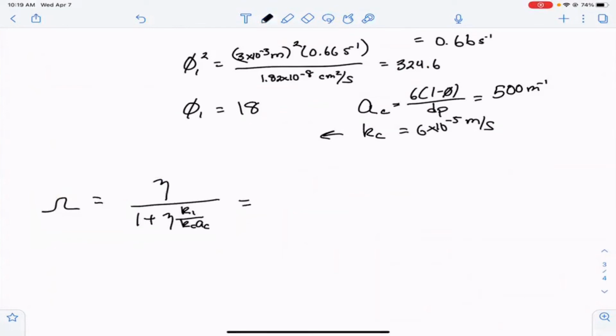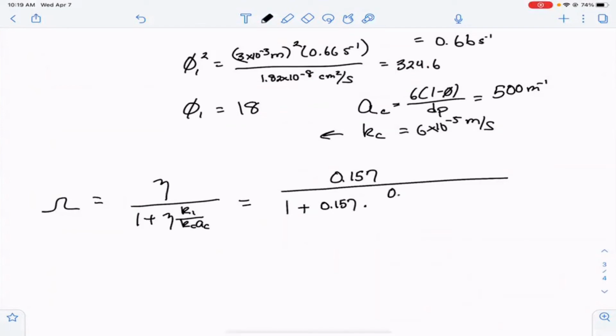And that is then equal to 0.157 divided by 1 plus 0.157 times 0.325 inverse seconds divided by 6 times 10 to the minus 5 meters per second times AC, which we already said was 500 inverse meters.